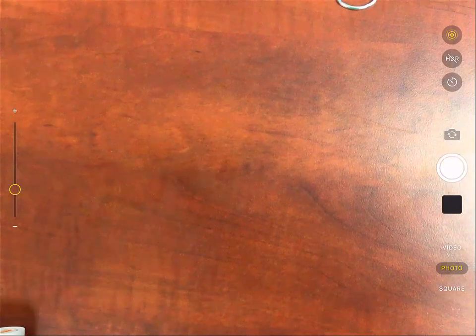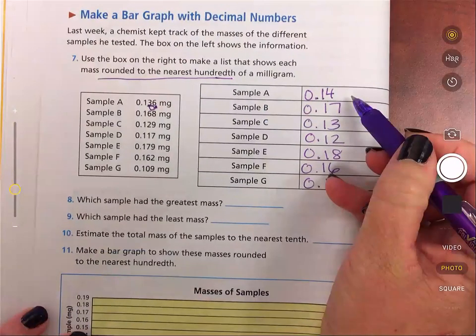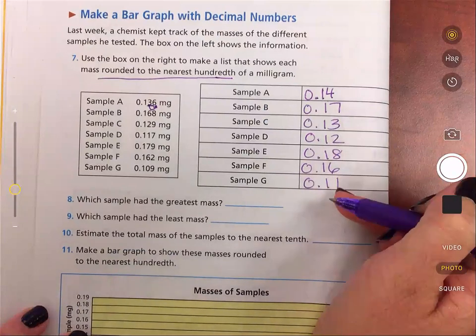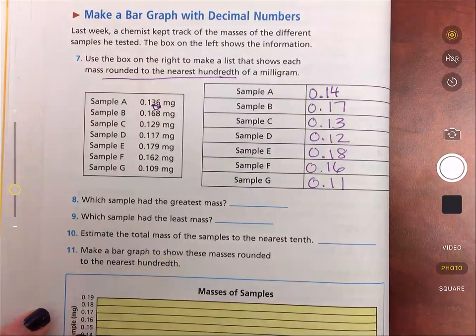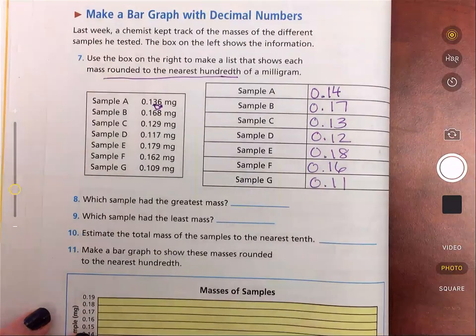Done. 10 seconds. 4, 3, 2, 1. All right, there's my numbers. I have 14 hundredths, 17 hundredths, 13 hundredths, 12 hundredths, 18 hundredths, 16 hundredths, and 11 hundredths. All right, hopefully you guys did okay with that.